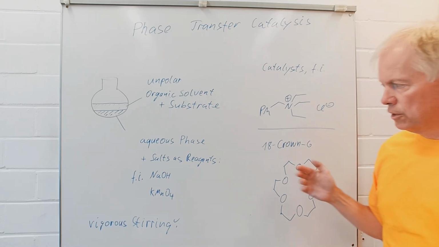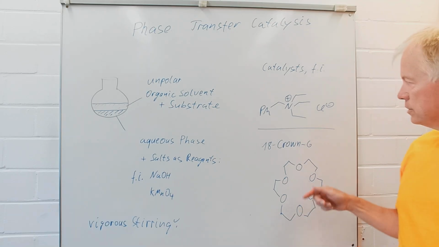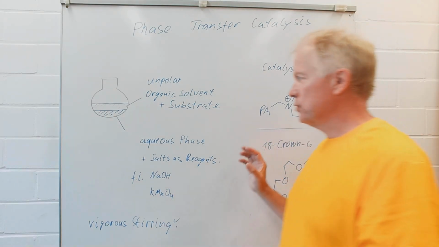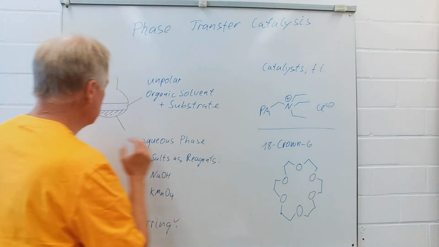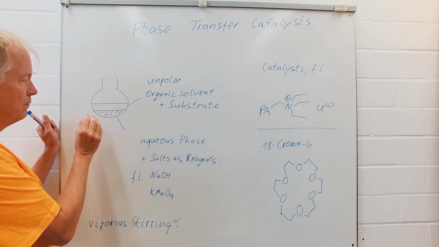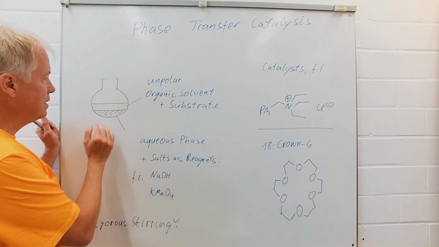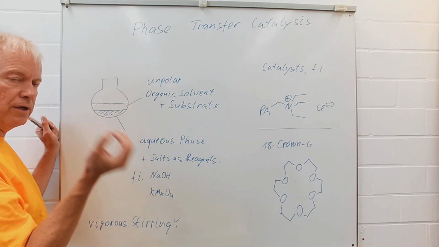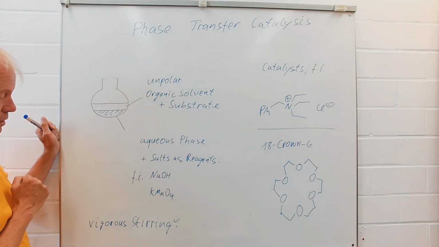The chloride is then exchanged to OH minus, hydroxide ion, and then also in equilibrium this ammonium group will carry the hydroxide ion into the organic phase, and there it could react with its even higher reactivity.